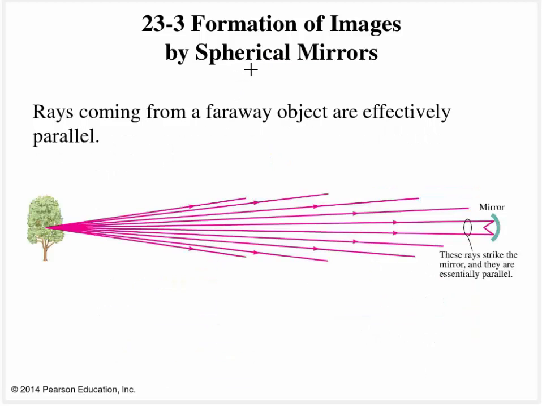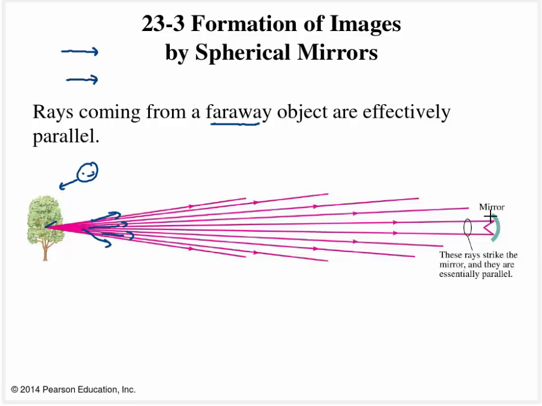When it comes to spherical mirrors, we're just going to make a very close approximation here. You noticed in the last slide that the rays were coming in essentially parallel. For everything we're going to do in this class, we're going to say that the rays coming from a faraway object are effectively parallel. If you think of the sun lighting up this tree, that point right there acts like a source, and the rays all go in different directions.